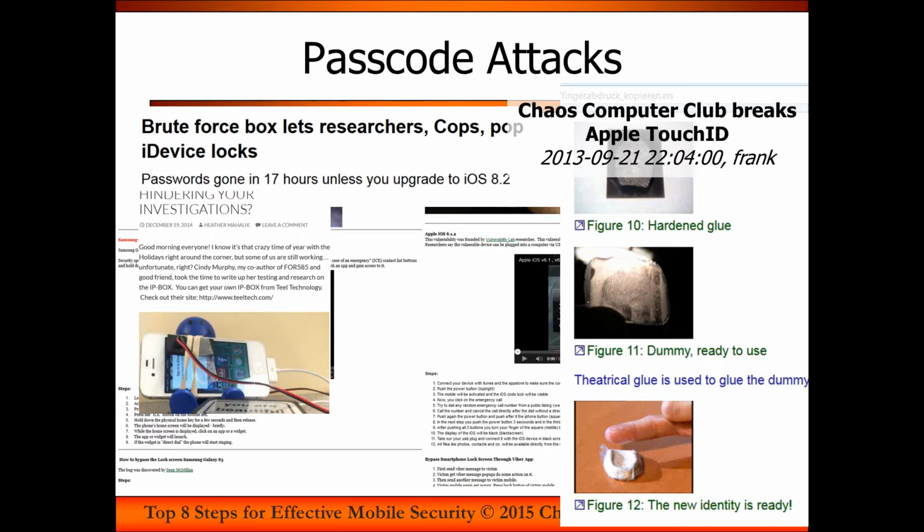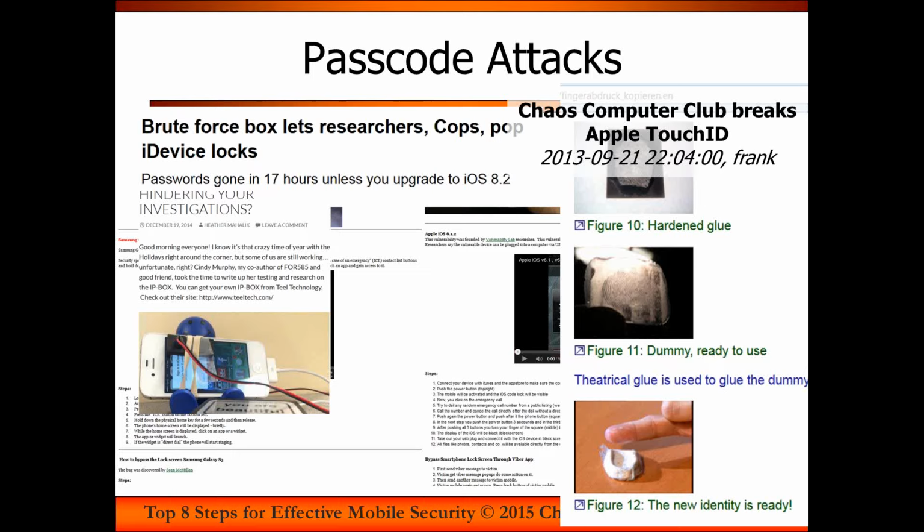And so in many cases, the only thing between the adversary and the data on the mobile device is this passcode. And so it is an area of research where attackers develop capabilities in terms of undermining this.